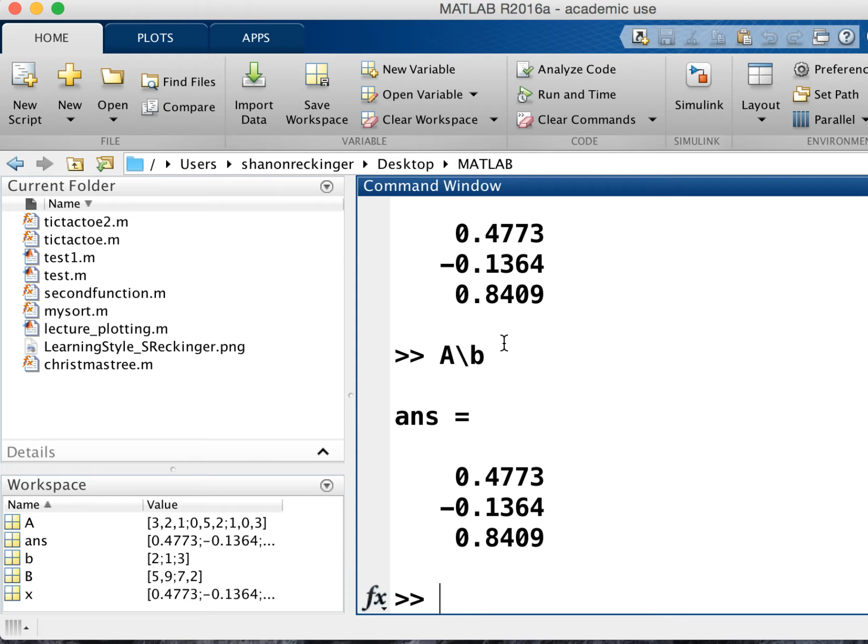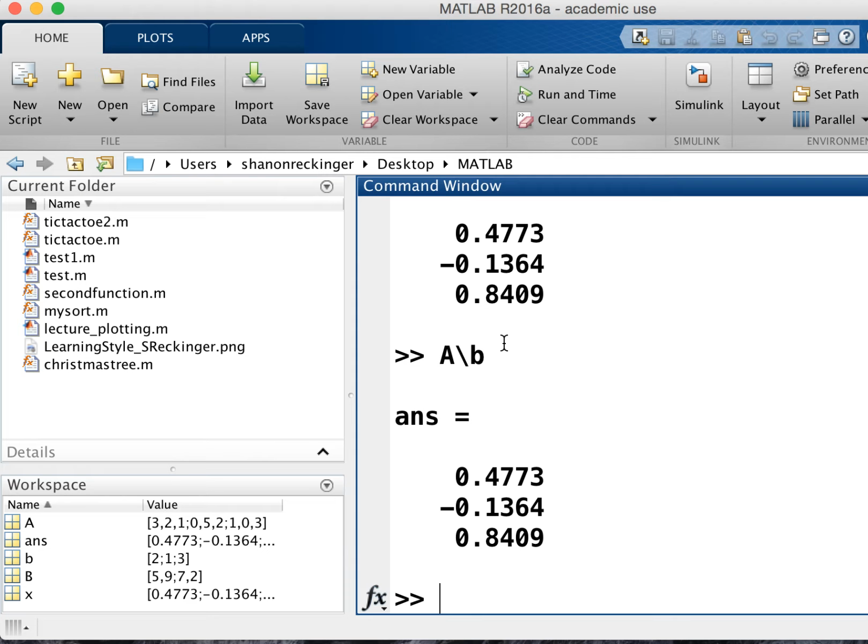And then there's also another function called linsolve. Linsolve is a function that you give A and B to, and it will output X. They're all doing something very different. This one uses LU decomposition, which is an elimination method.